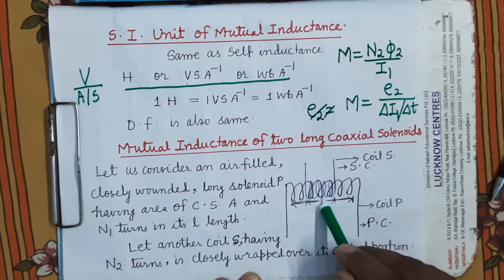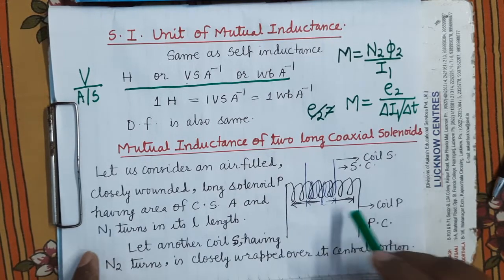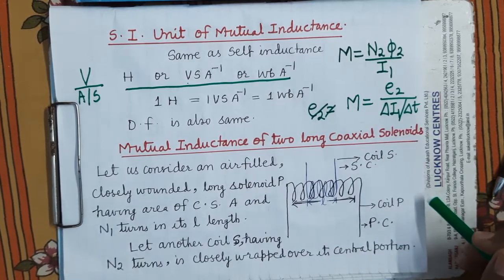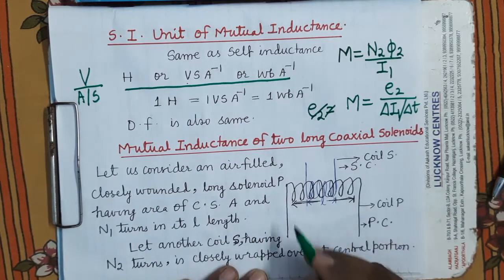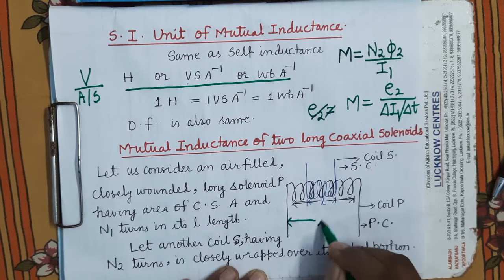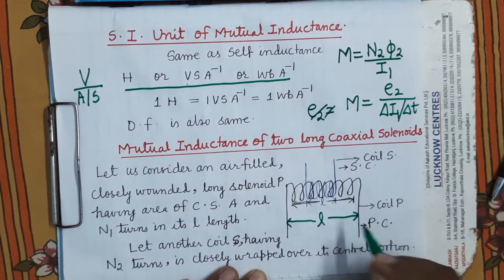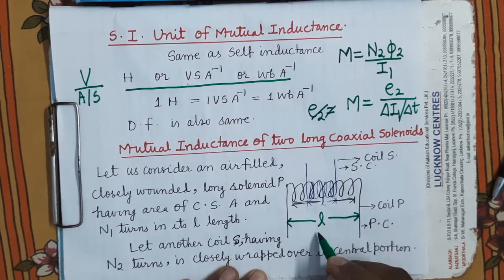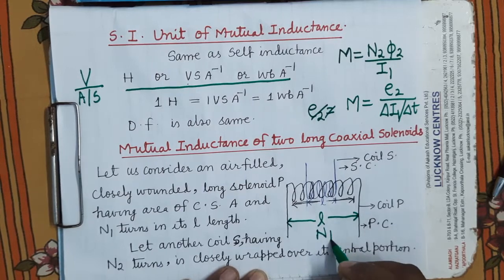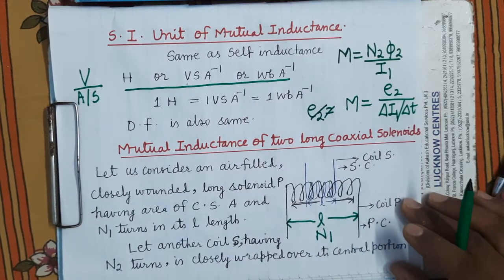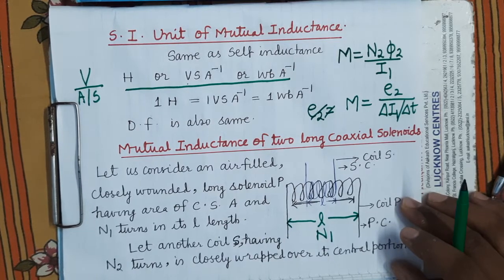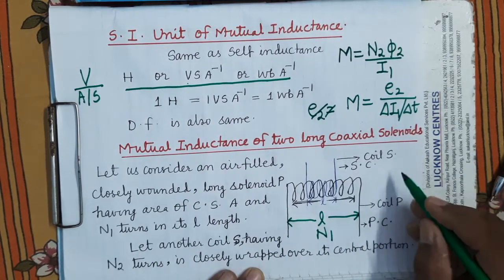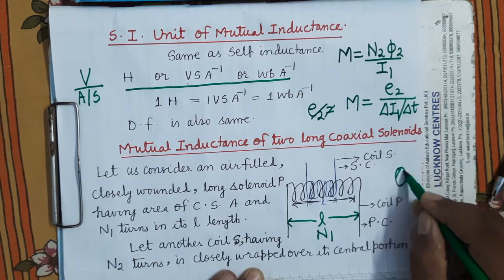Let its length be small l, and in that length there are N1 turns. So the number of turns per unit length is N1 upon L. Let its area of cross section be A.